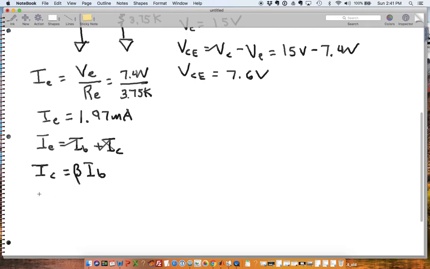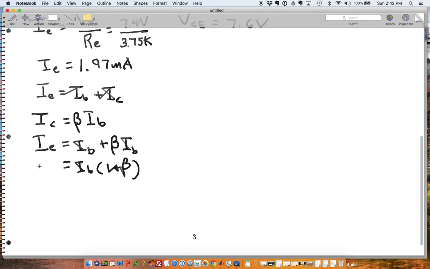That means my IE is equal to IB plus beta IB, and that's equal to IB times 1 plus beta. So we can solve for IB now, because IB is equal to IE over 1 plus beta.